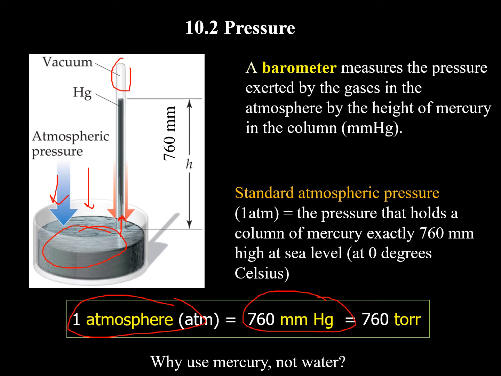Also, mercury can withstand larger temperature changes. For water, at 100 degrees it starts to turn from liquid to gas, so it would start to evaporate. So we use mercury for this barometer.